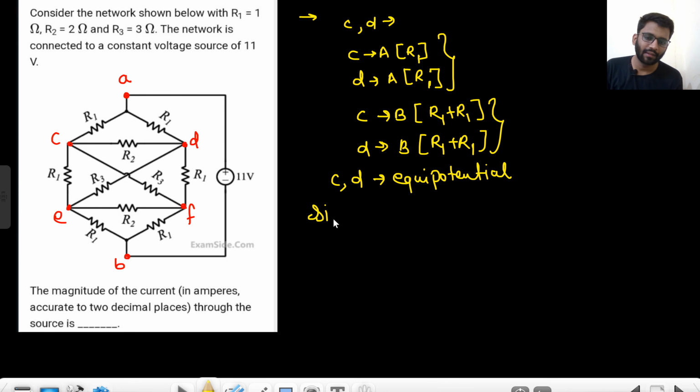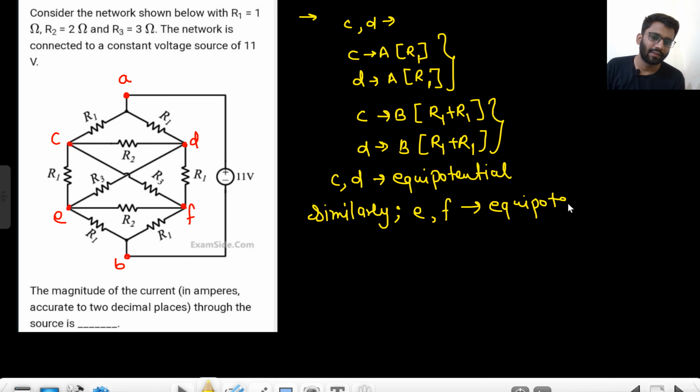Similarly, E and F are equipotential. So this R2 resistance will have no use. Basically R1, R3 and R1 all will come in parallel, and this R1 and R1 will come in parallel. So between A and B, what we will have?